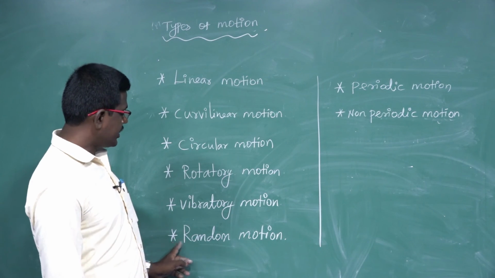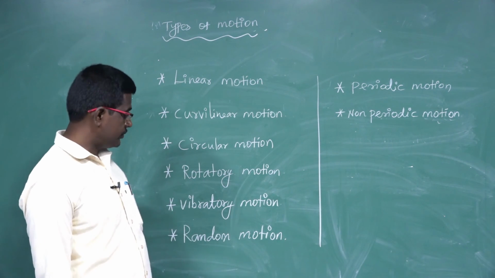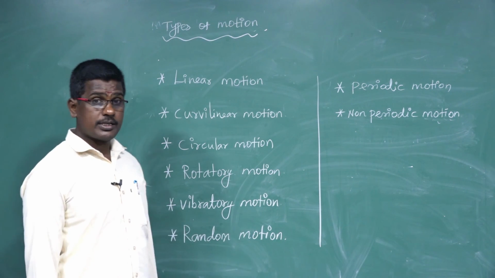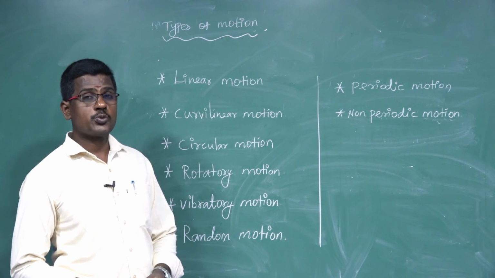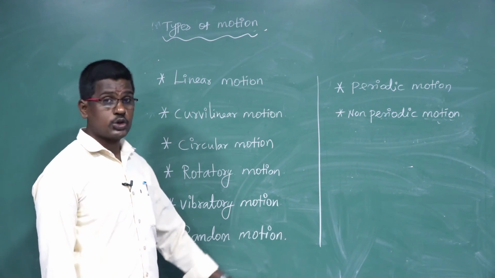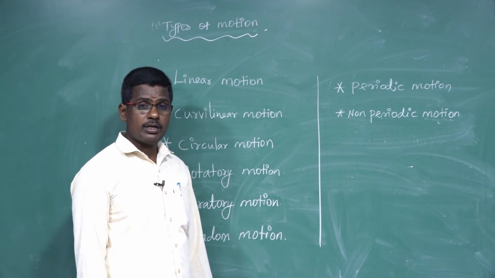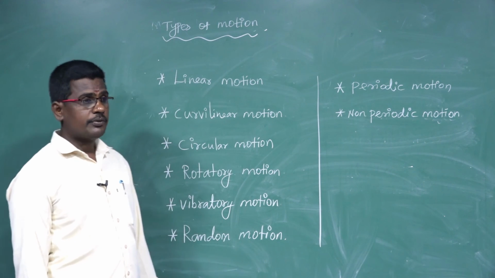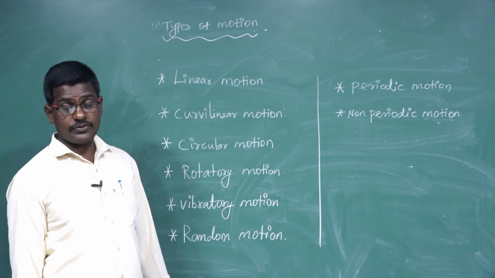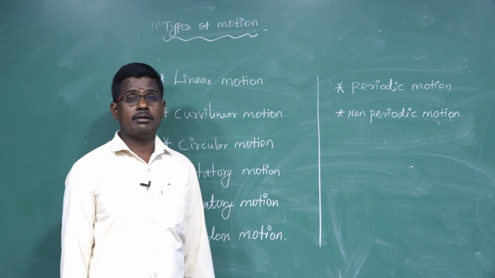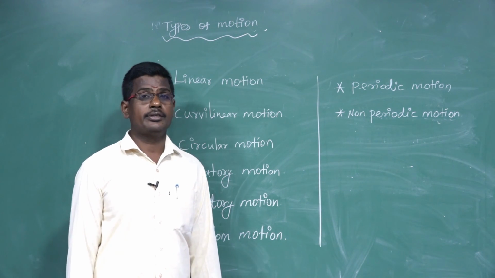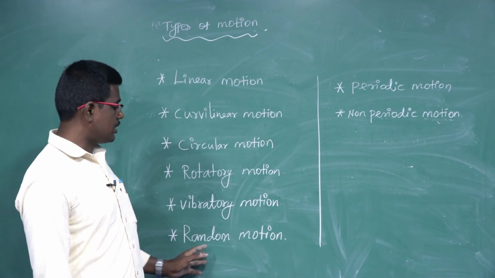Next, random motion. When motion takes place in different directions at different speeds, it is called random motion. Example: fish movement in a fish tank, people walking on a crowded street.